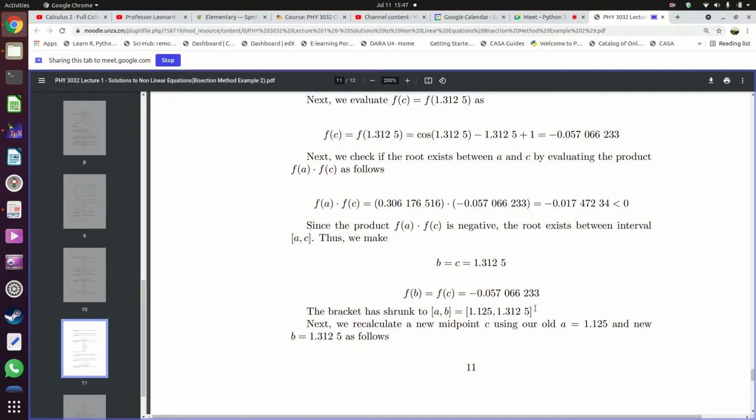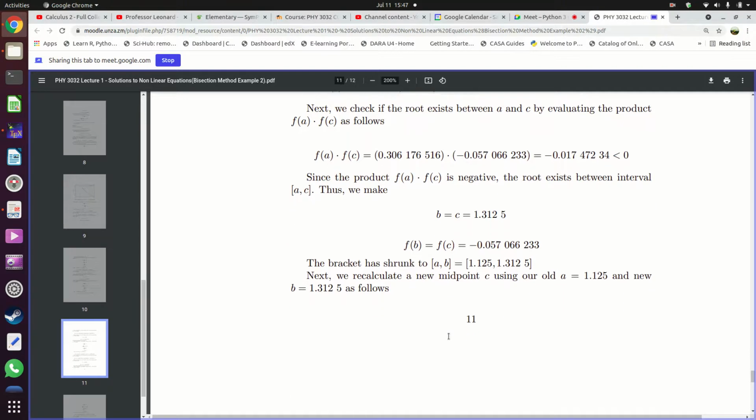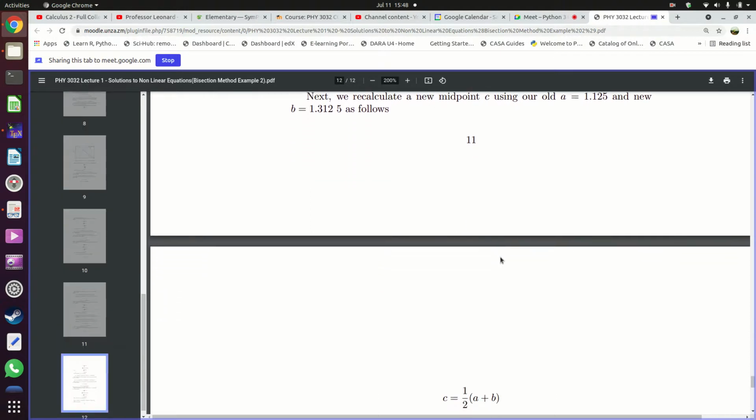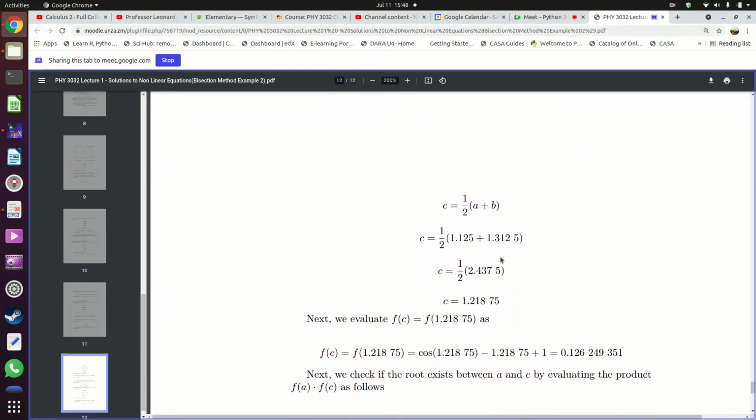Yes. Okay. Next, we do another calculation. We calculate a new midpoint C using our old A, which is 1.125, and our new B, which is 1.3125. So our new C, or new midpoint, what we think the solution is, is going to be equal to half of A plus B. So C is equal to half of 1.125 plus 1.3125, this plus that.